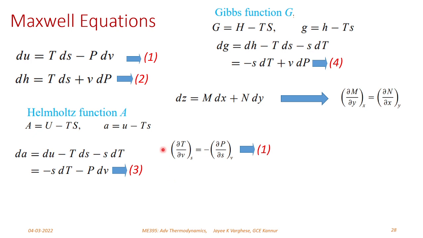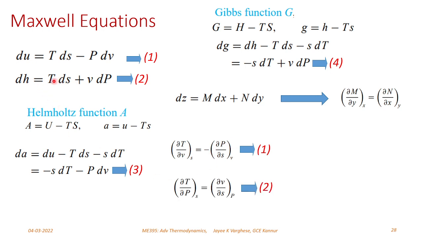This is the first Maxwell's relation. Now, from the second equation, dH is equal to TdS plus VdP. From this relation, we can write ∂T/∂p at a constant s is equal to ∂v/∂s at a constant p.